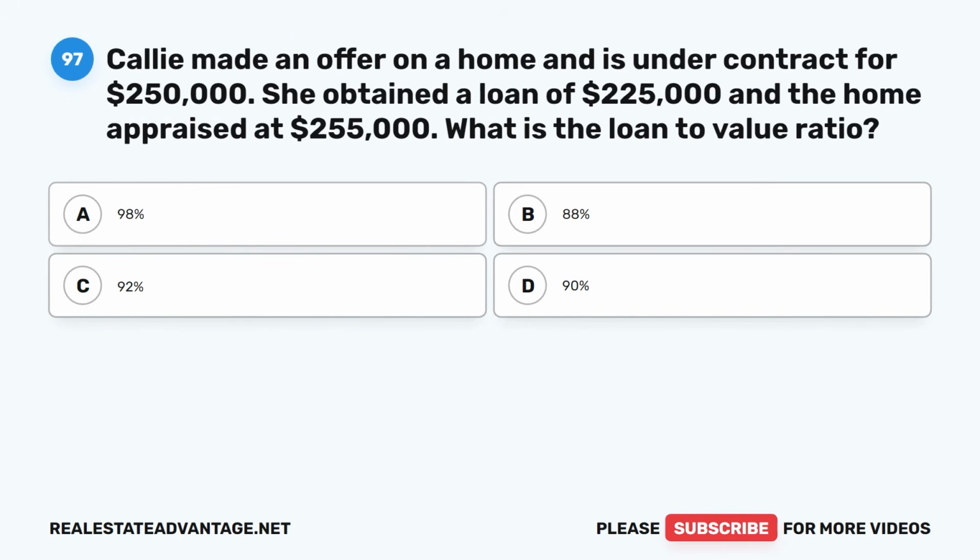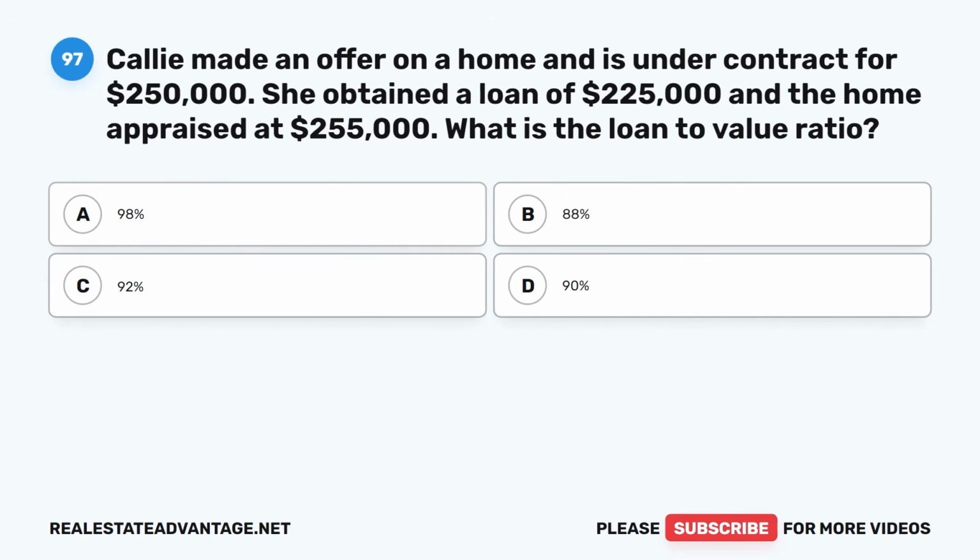Question 97. Callie made an offer on a home and is under contract for $250,000. She obtained a loan of $225,000 and the home appraised at $255,000. What is the loan-to-value ratio? A. 98%. B. 88%. C. 92%.